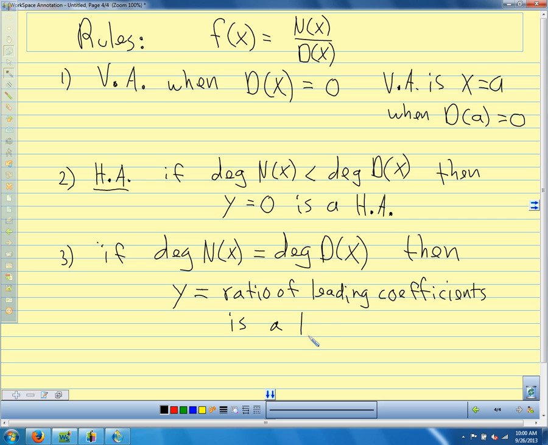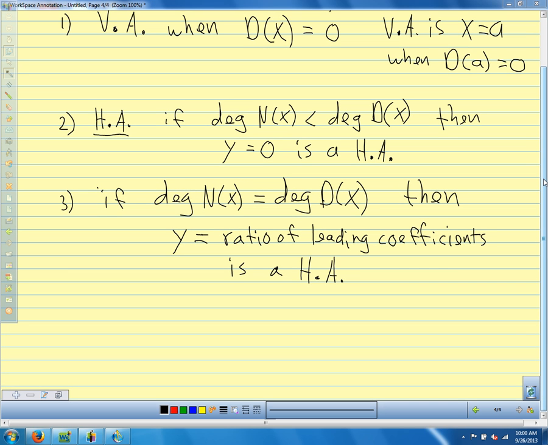Is a horizontal asymptote. So what do we mean by the leading coefficients? The number in front of x, which x? In a polynomial we have a bunch of x's. The highest degree, yes. So the number in front of the highest power of x.